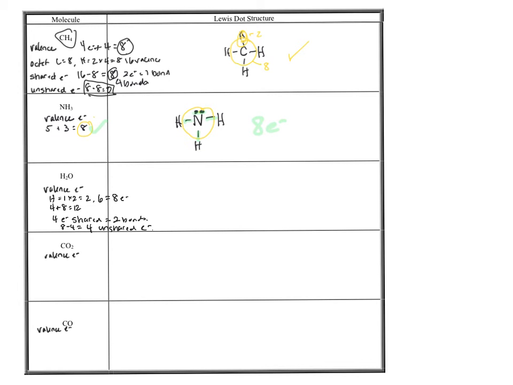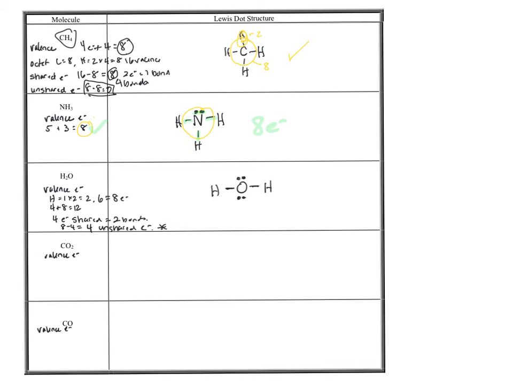So once again, I'm going to put my oxygen in the middle. I've got 2 bonds, so I'm going to start by just doing that and put an H on each side. And I can again see that my hydrogens have met their octet rule, but oxygen does not. So I have to make sure I put those 4 unshared valence electrons around it.